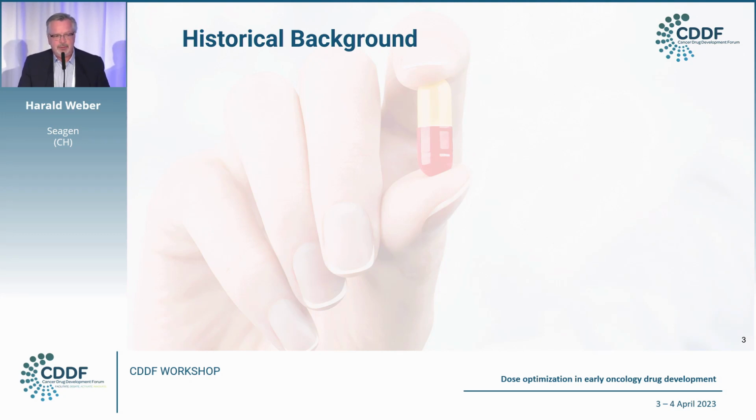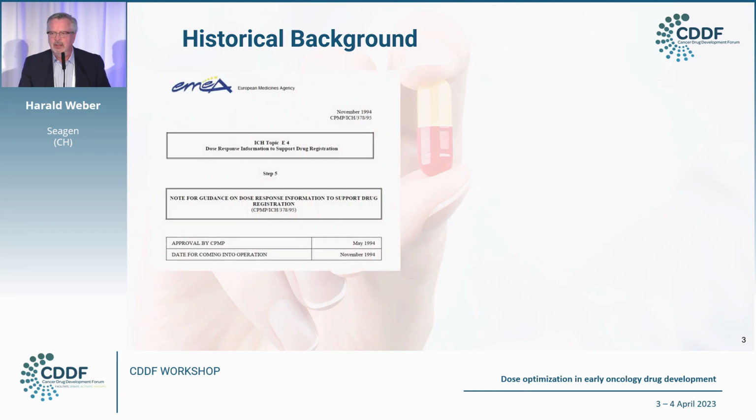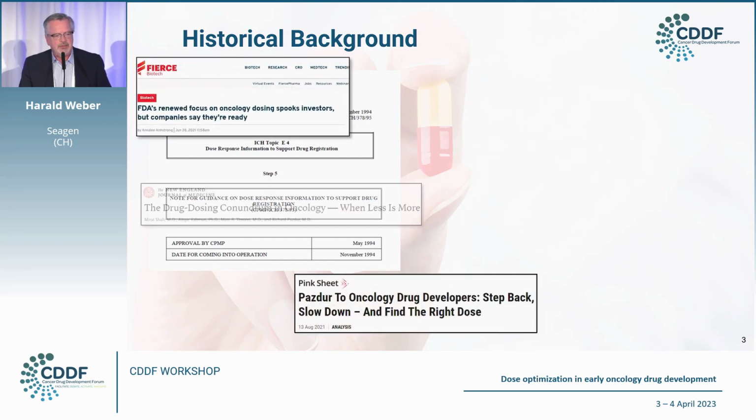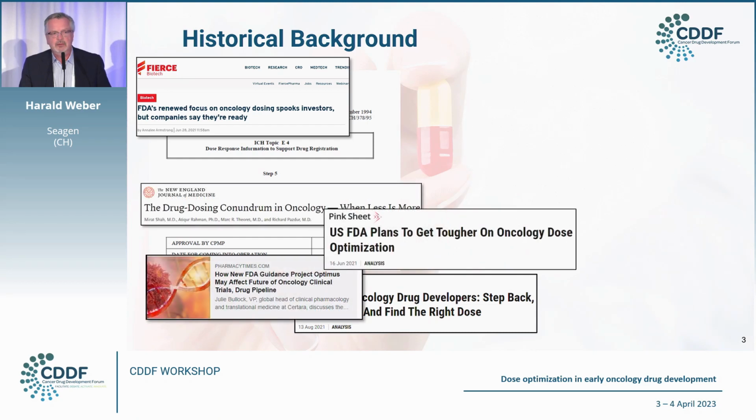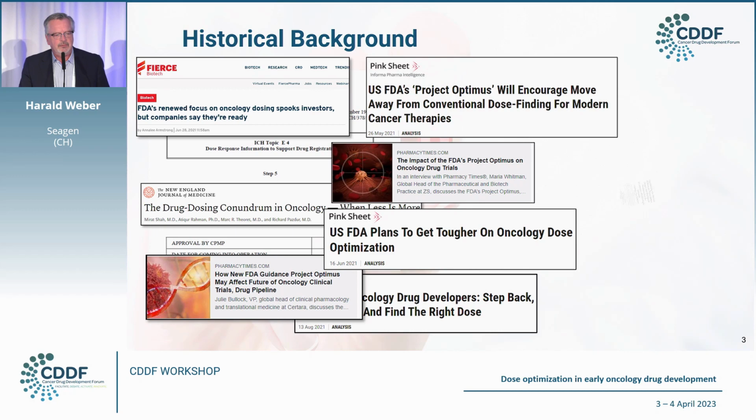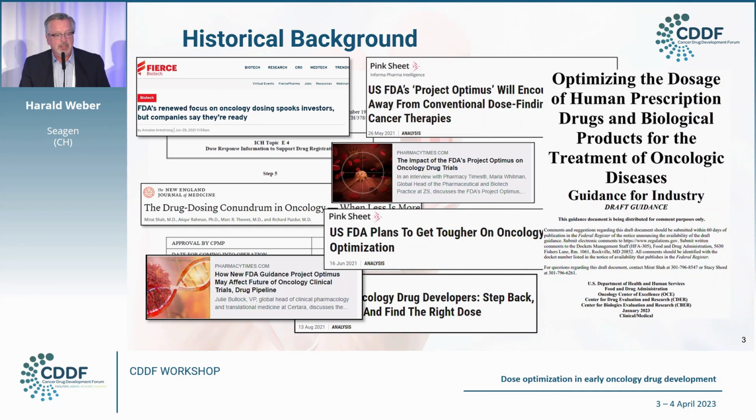So this is a sort of a repetition of what you have seen before, as Mark presented this so nicely. But I wanted to keep it in my talk, because I have to say I find it quite amazing that it has taken more than 20 years or even longer from the ICH E4 guidance on drug dose optimization, with many steps in between, mainly driven by the FDA, until we have finally arrived at the guidance for industry on optimizing dose, as issued by the FDA.